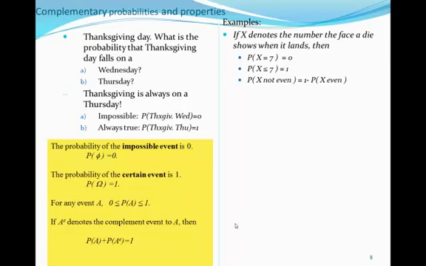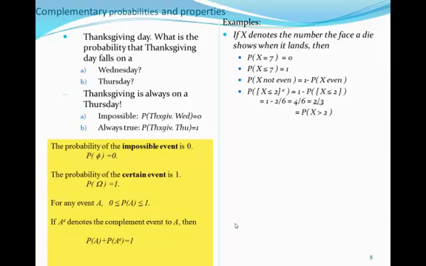If X denotes the number of the face a die shows when it lands, then the probability that X equals 7 is 0, because the face will never be 7. It's only between 1 and 6. And the probability that X is less than or equal to 7 will always be 1, because 1, 2, 3, 4, 5, 6 are all below 7.